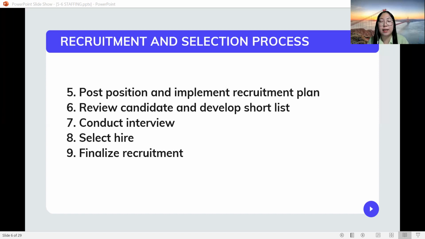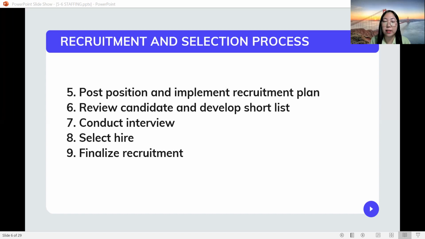And yung last natin, yan, finalize recruitment. So once the final check of the selection process has been completed na, and the final applicant has been determined, the committee chair or the HR or the designee will notify the department of our human resource coordinator of the final list na ng ating mga applicants.